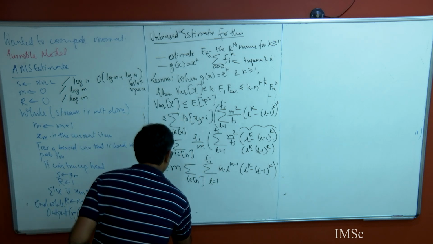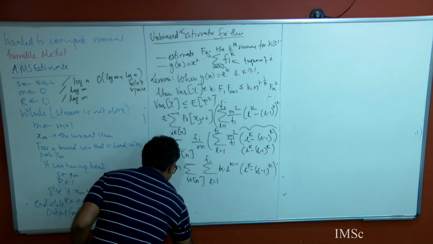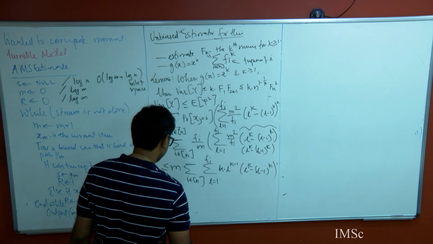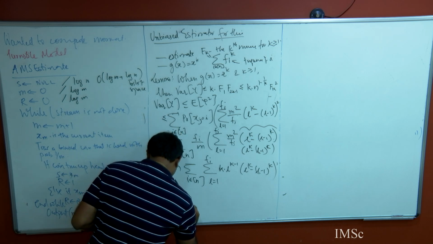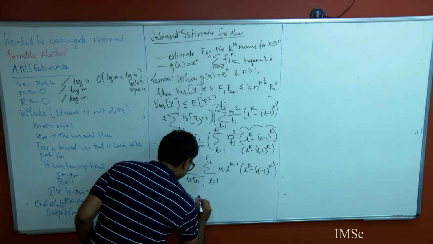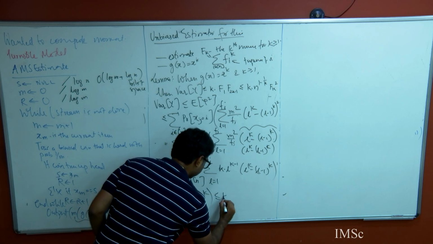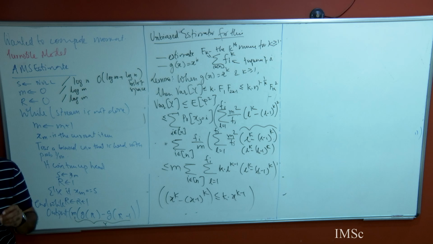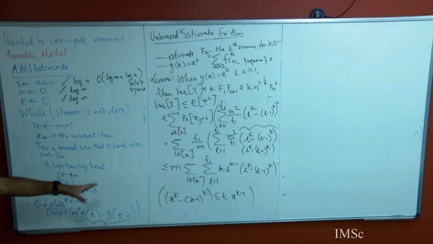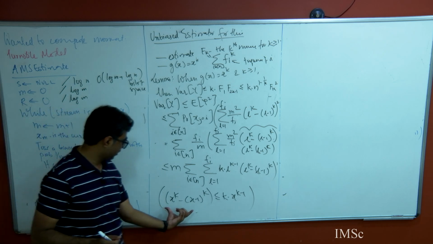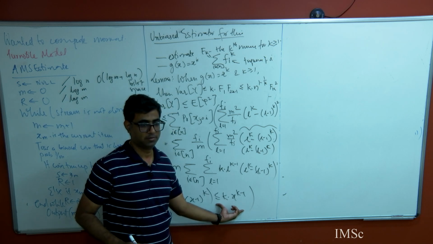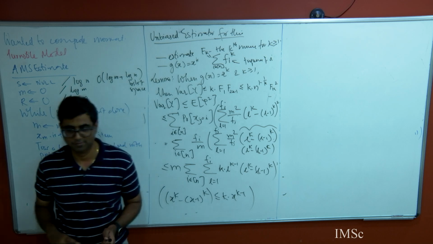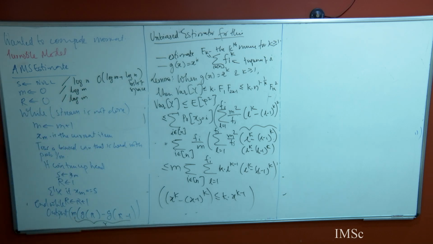Because here is an inequality which is true for x greater than or equal to 1, that x^k minus (x minus 1)^k is less than or equal to k times x^(k minus 1). Please prove for yourself, I am not going to do this. I verified, it worked. You can do calculus, differentiation, whatever, right? You can replace this with this, okay? Please forgive me for not doing this, okay?